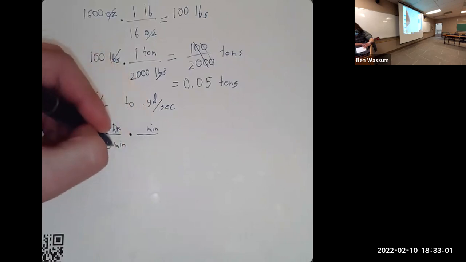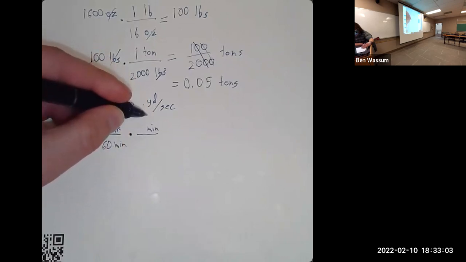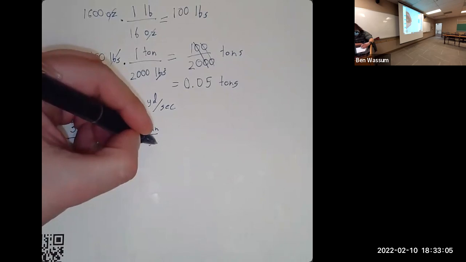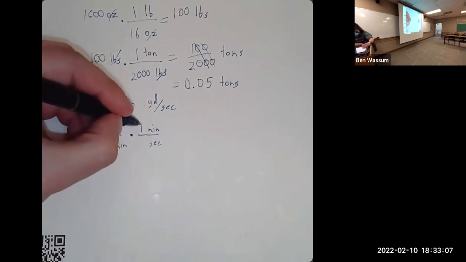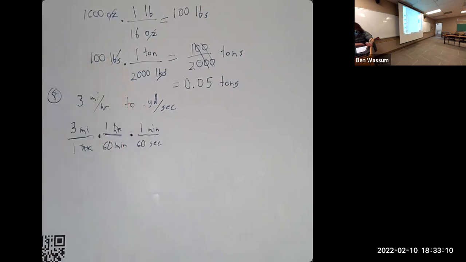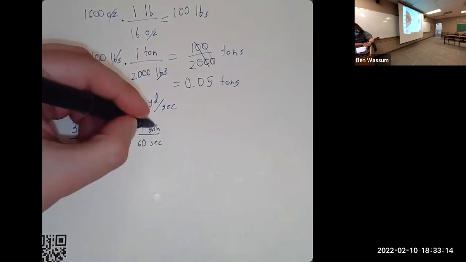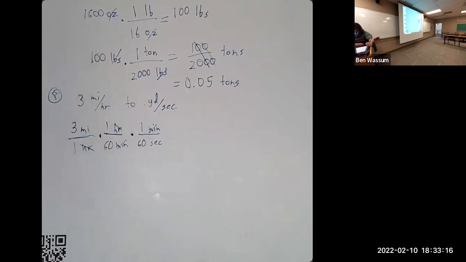So to make minutes cancel out, if it's on the bottom, I have to put it on top. And I know that 1 minute is 60 seconds. So the minutes would cancel out. Well, what are our units now? We have miles over seconds.